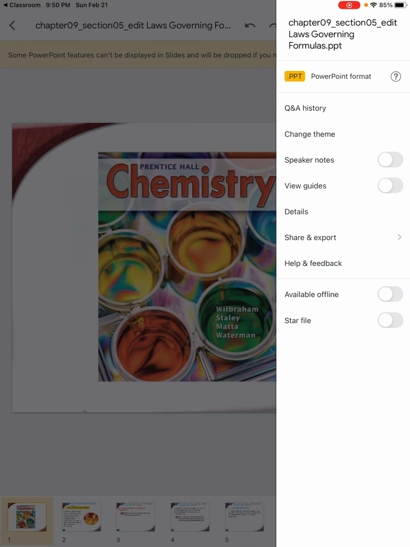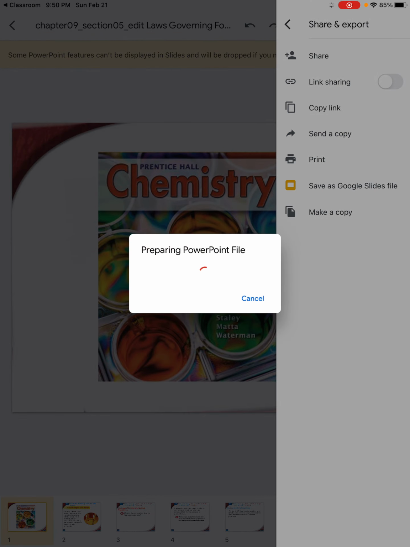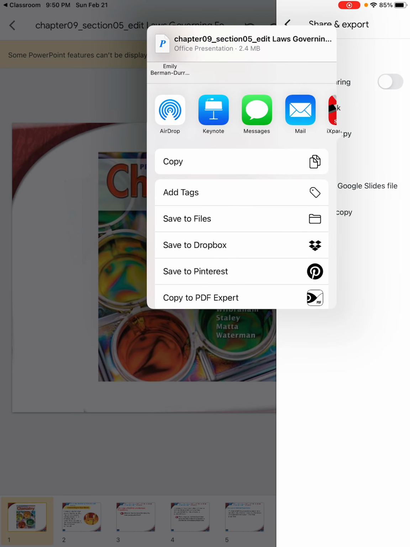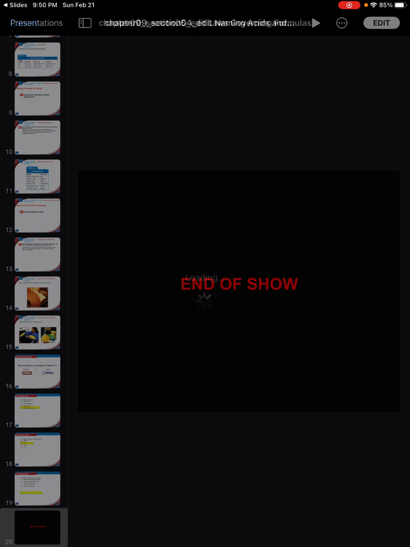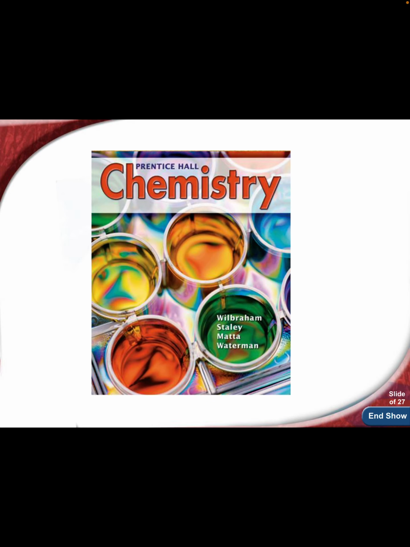I need to go to share and export after I open it up in a new window, and I need to send a copy of the file to my files, or in this case I can go straight to Keynote. I usually save it in files, but I'll go straight to Keynote.